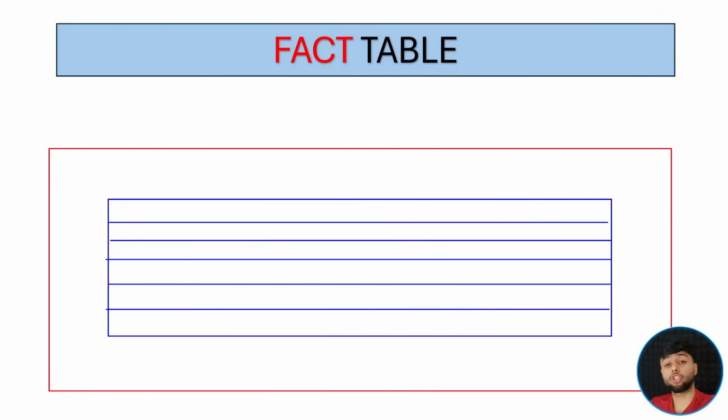But here's the catch. In the fact table, as the name suggests, we will just be storing facts. What are facts? Facts are your numeric columns. So in the fact table we will just be storing numeric columns, and we will be storing all the keys.